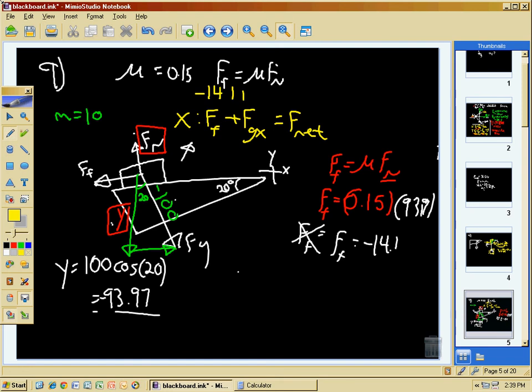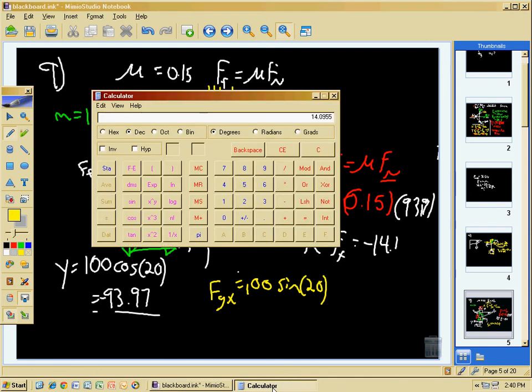All right. So we can find the x component of gravity by doing trig again, by saying FGX equals 100 sine 20, which, going back to the calculator real quick, sine of 20 times 100 is 34.2.